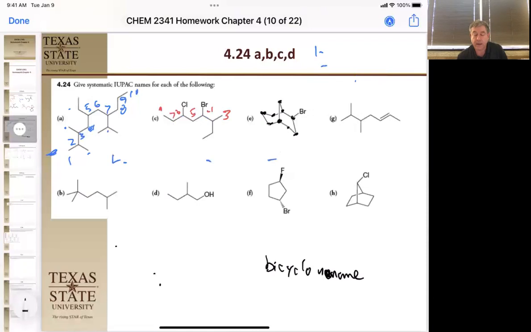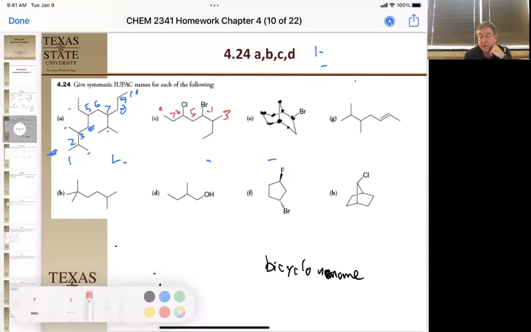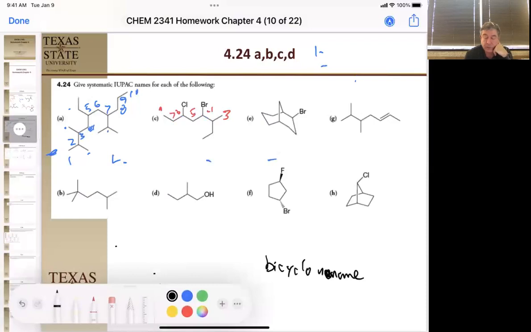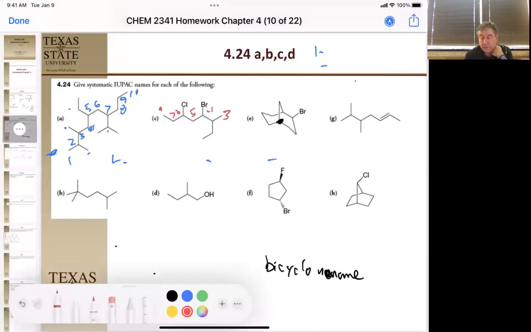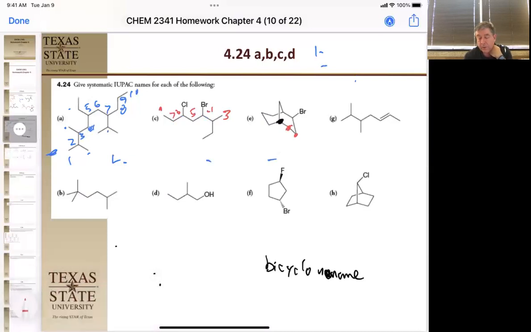Okay, bicyclononane. Okay, so let's start by getting our numbers that are going to be in that bracket. What we're going to do is start at a bridgehead, and we're going to count the number of carbons in a bridge. So this first bridge is going to be 1, 2, 3 carbons. So that means there's going to be a 3 in our brackets.